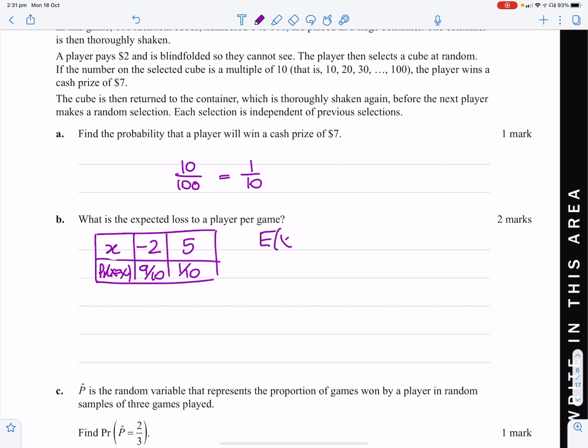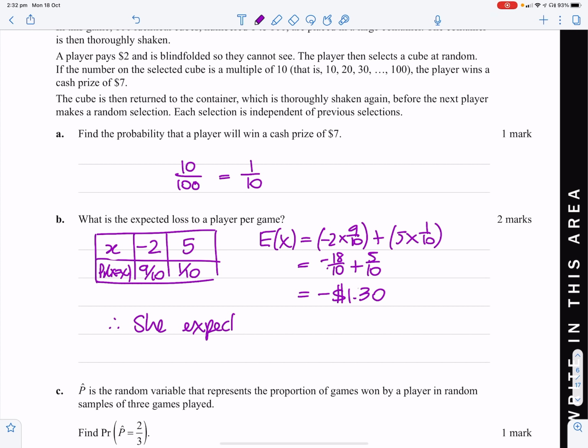So we can say E of X is negative 2 times 9 on 10 plus 5 times 1 on 10. Negative 18 on 10 plus 5 on 10, which is negative $1.30. So I say therefore she expects to lose $1.30 per game.